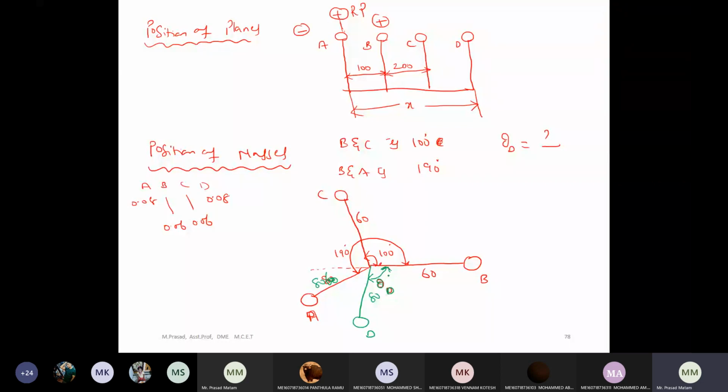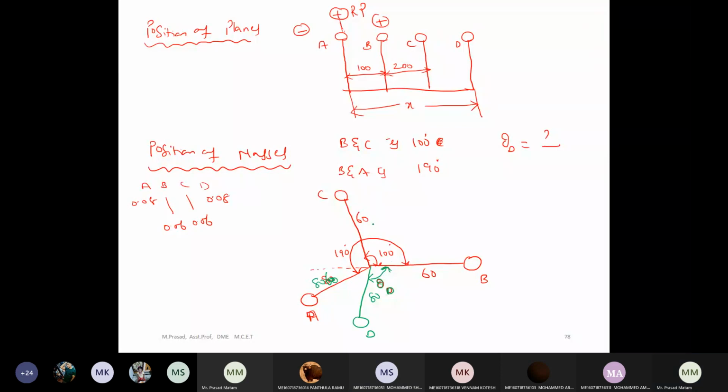The lines need not be the same length, but you need to locate the angles exactly. The lengths need not be accurate, only the angles should be accurate.